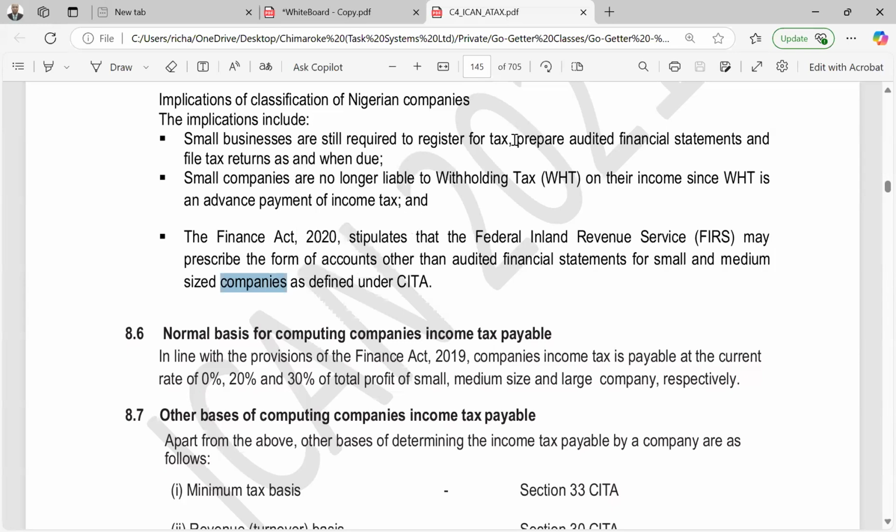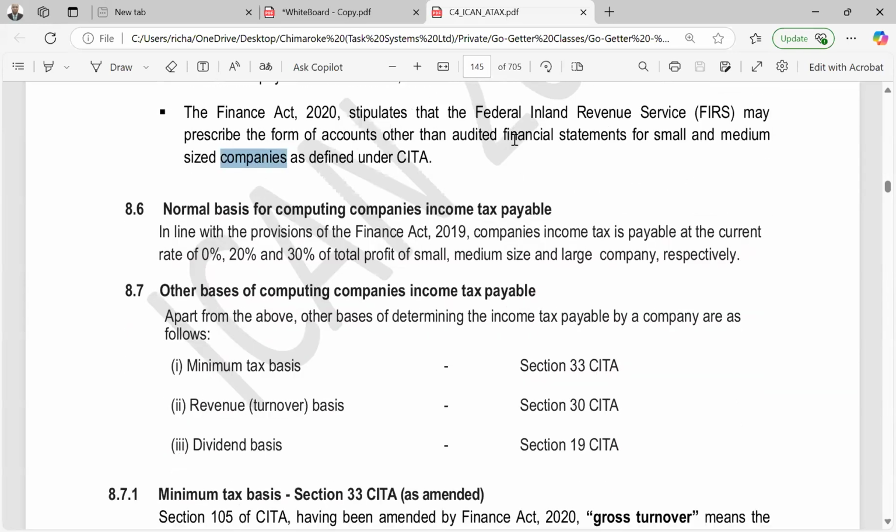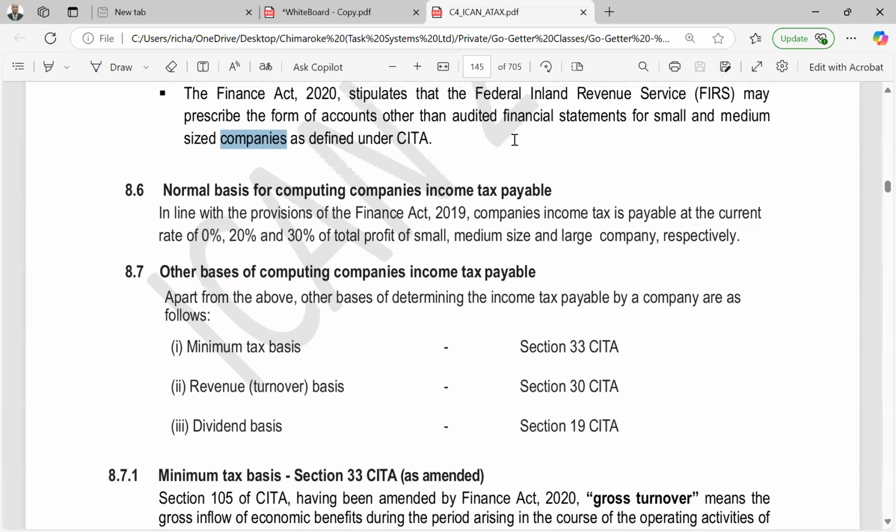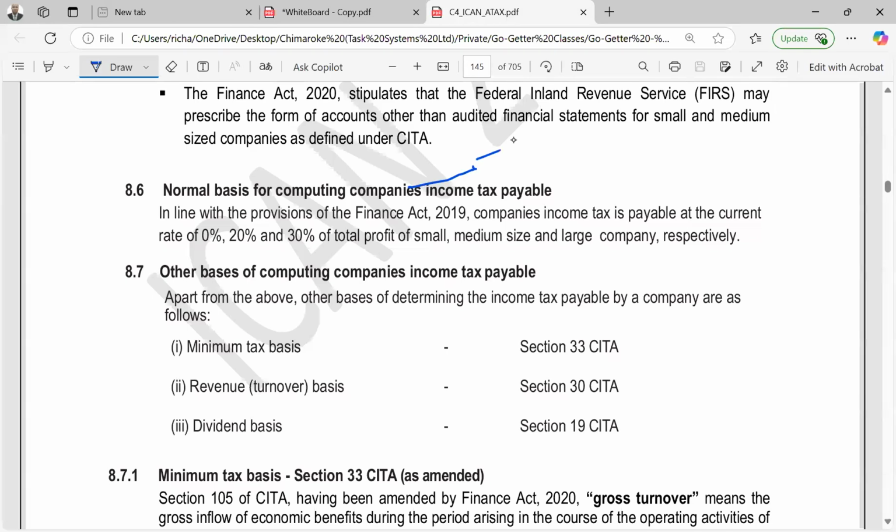All right, so we look at the normal basis for computing income tax. Now, in line with the provision of the Finance Act, companies are computing their income tax on their total profit. So the basis for computing income tax is from total profit.